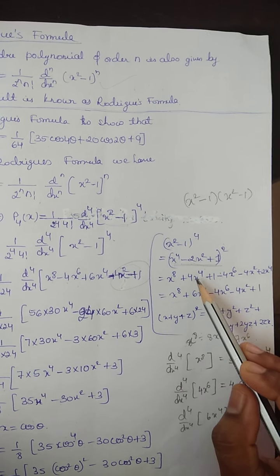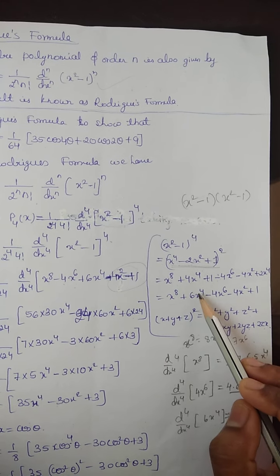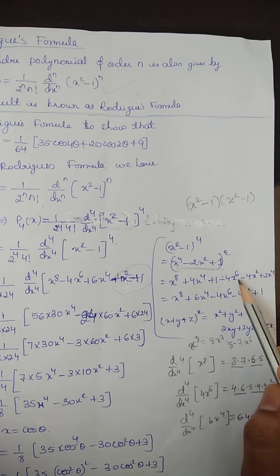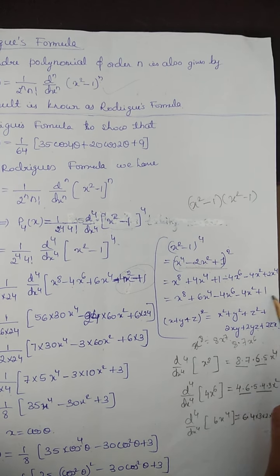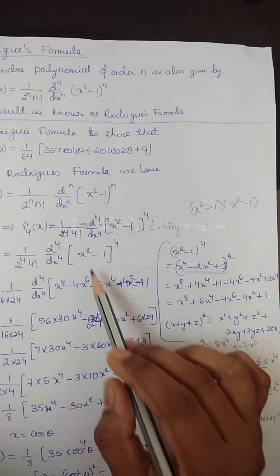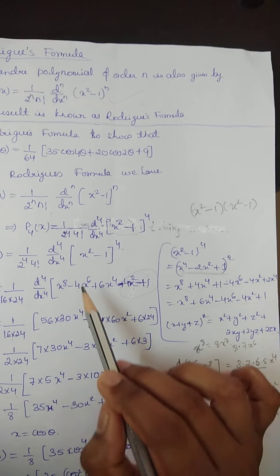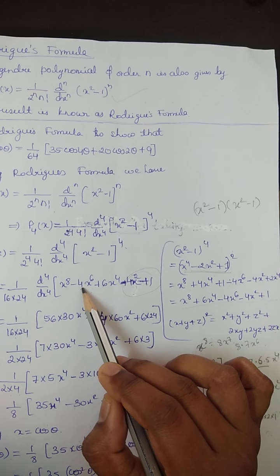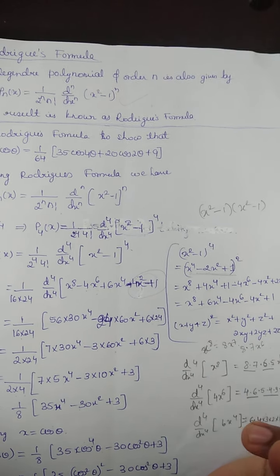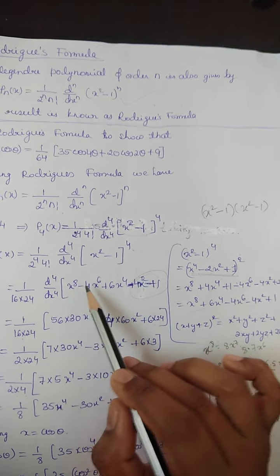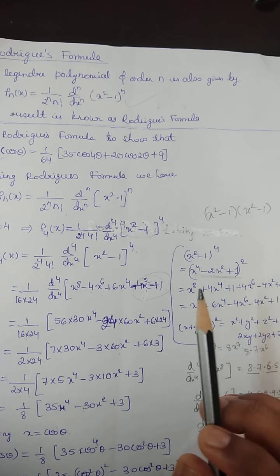When you add 4x raised to 4 and 2x raised to 4, you get 6x raised to 4, and this you can keep as it is. Now let us put this whole term in place of (x square minus 1) whole raised to 4, that is x raised to 8 minus 4x raised to 6 plus 6x raised to 4 minus 4x square plus 1. Now let us differentiate each term 4 times.